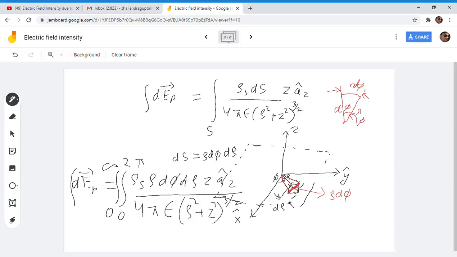So our rho will extend from 0 to infinity, and phi will extend from 0 to 2 pi. As we can see, this whole quantity has only one d phi, so d phi will be directly integrated.